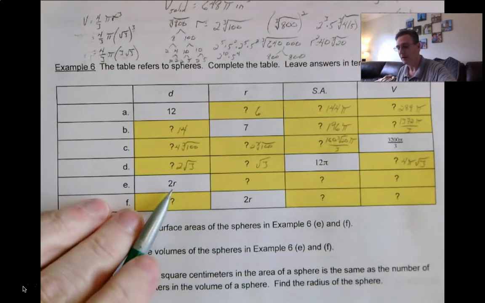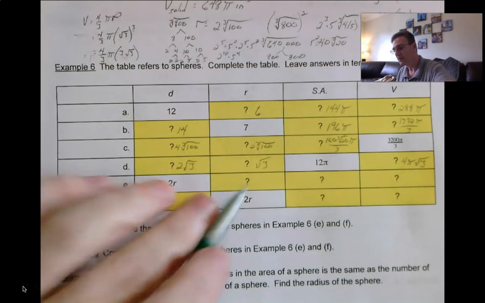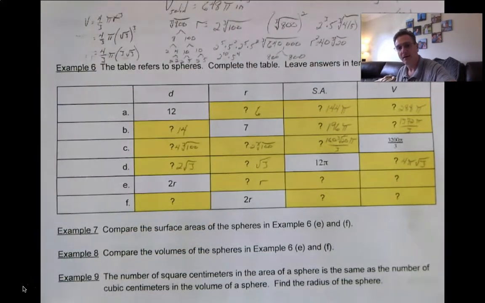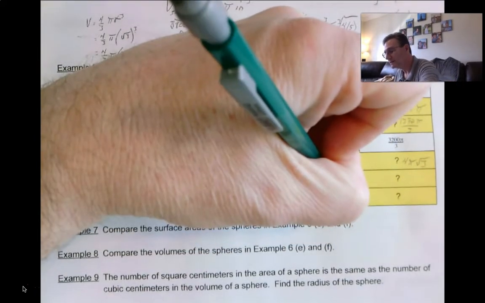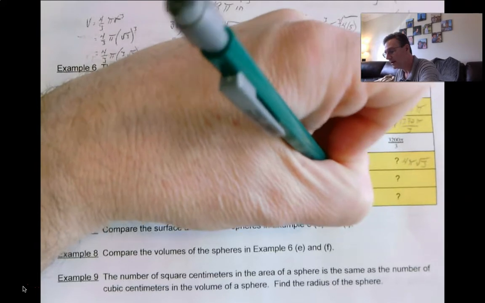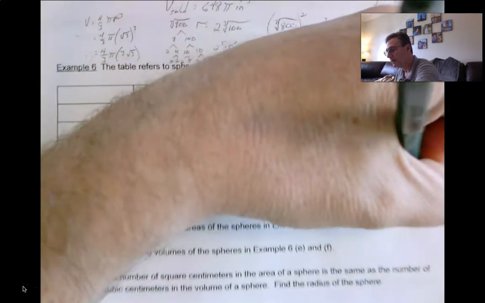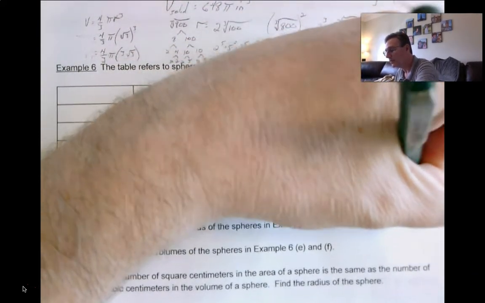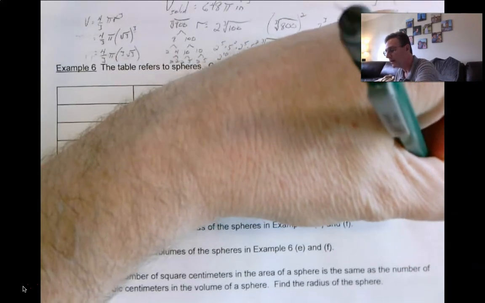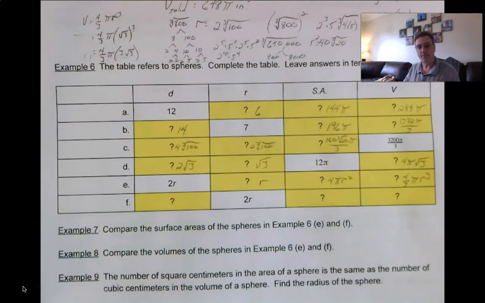E and F. If I have 2r as my diameter, my radius is r, and E becomes really easy because this is going to be 4 pi r squared, and volume is 4 thirds pi r cubed.